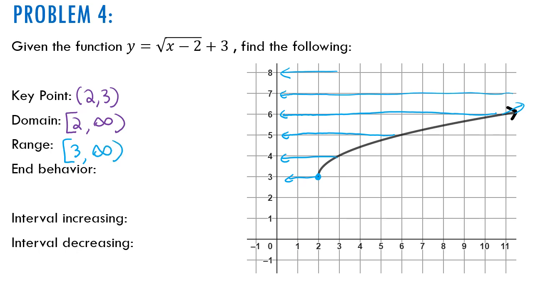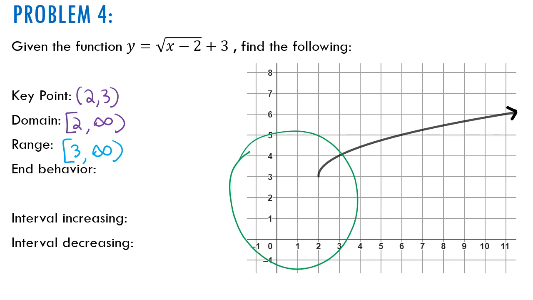So once again, our end behavior. If we look on the left side, as x approaches, once again, the graph stops here. So as x approaches the number 2 where the graph stops, the y value approaches 3.